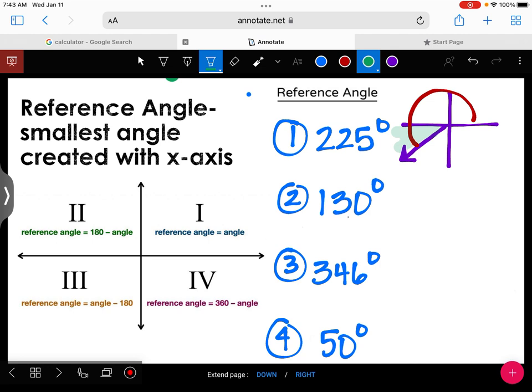You need to figure out the measure of that angle right there. If you use the formula in the diagram that I gave you, it says that anytime you have an angle in the third quadrant, you want to take that angle and subtract 180. So if you take 225 minus 180, again, you don't get to use a calculator, then that should tell you your reference angle.